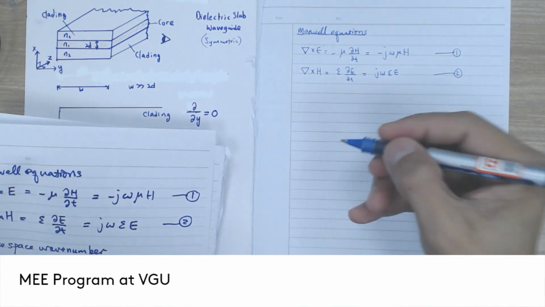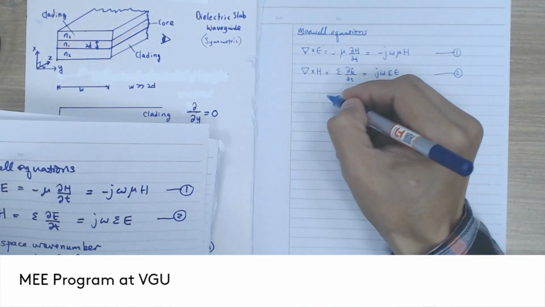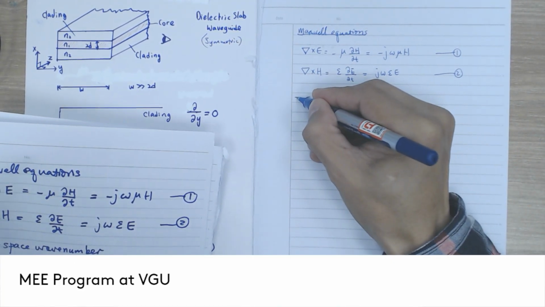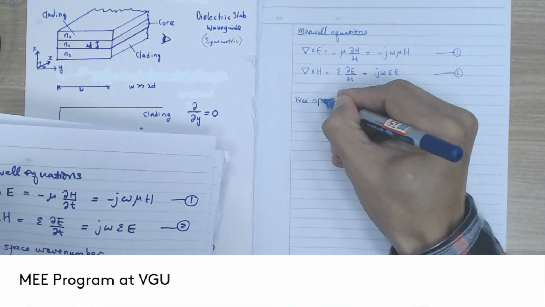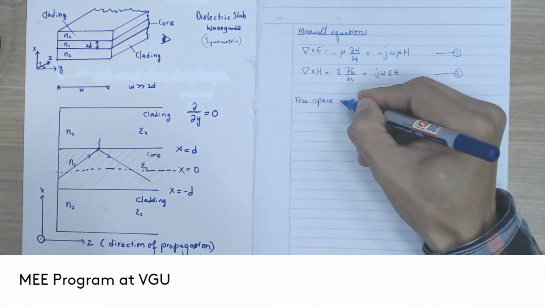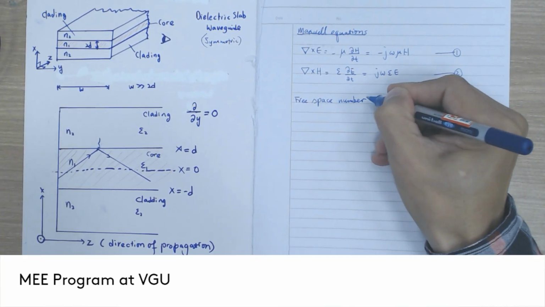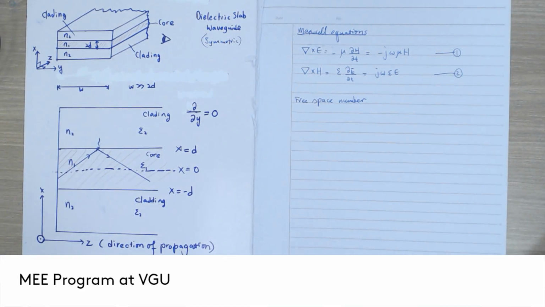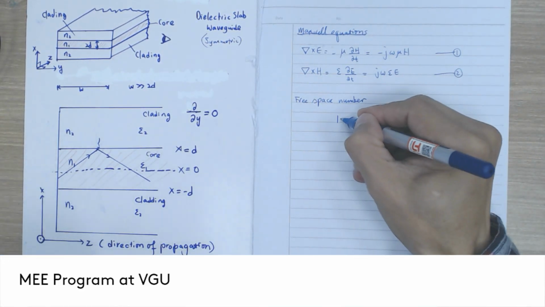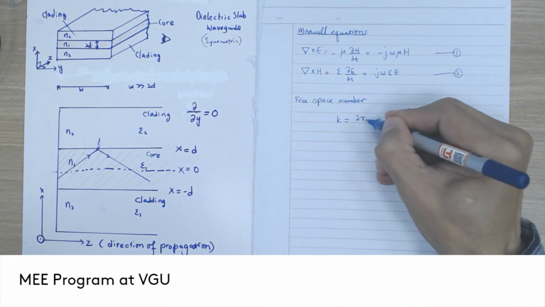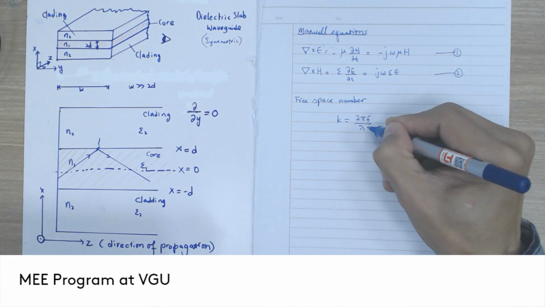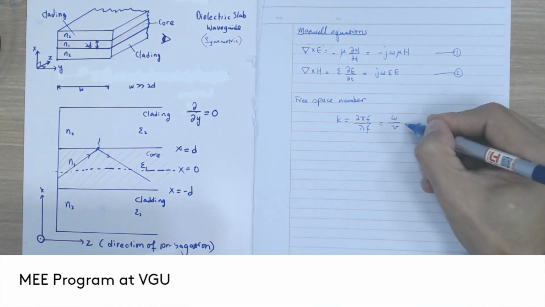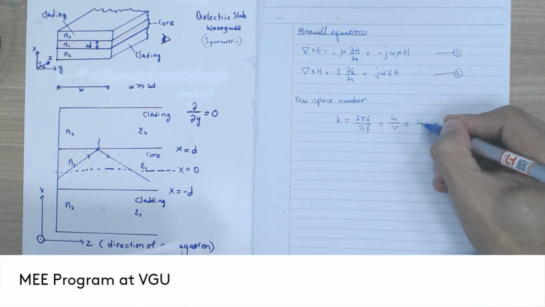Now, to begin with, let's define the wave numbers. The free space wave number is k equal to 2 pi over lambda, and this is omega over c, and we can also rewrite this omega.